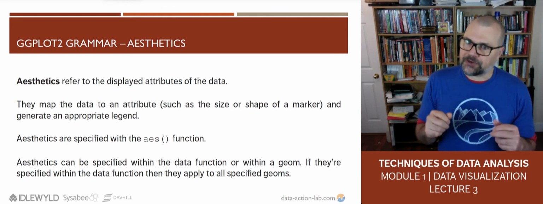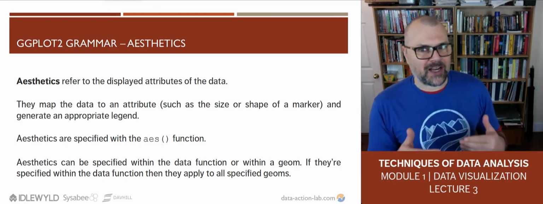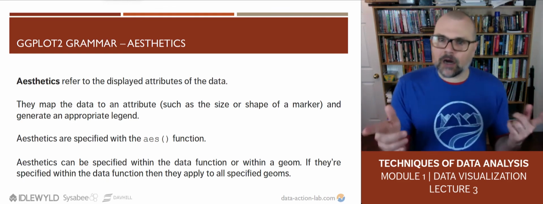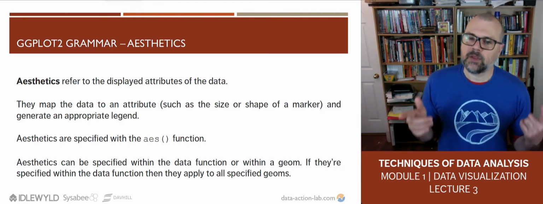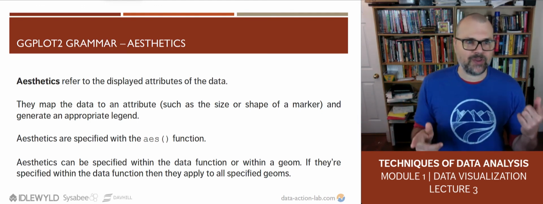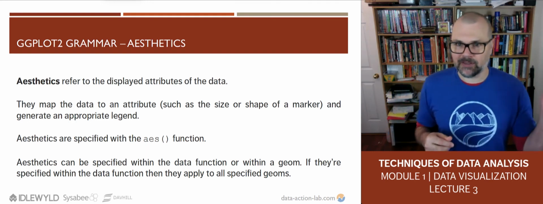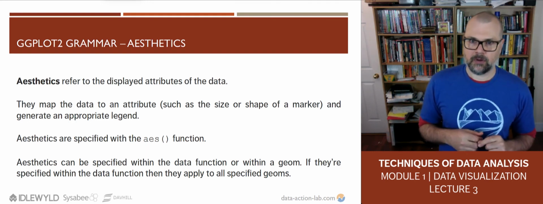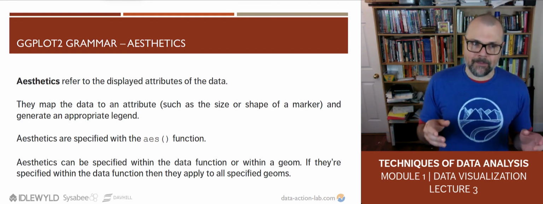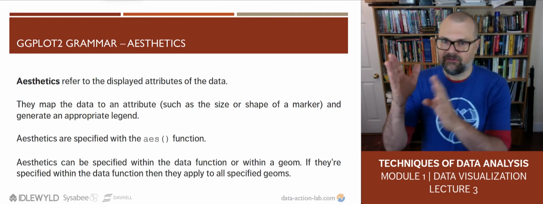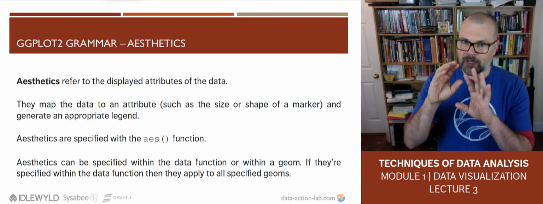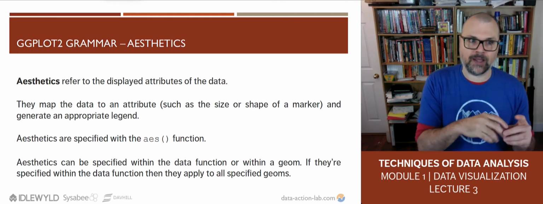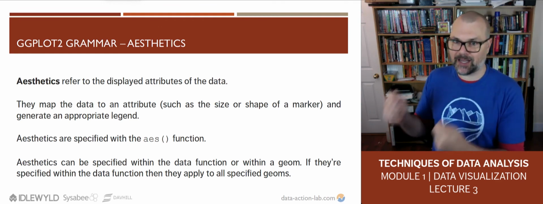That was a slide where I was talking about the types of chart design elements you can add. These are the things that you can actually specify with the AES mapping, the aesthetics mapping. They will map various variables to an attribute of a marker, and they will generate a corresponding legend.